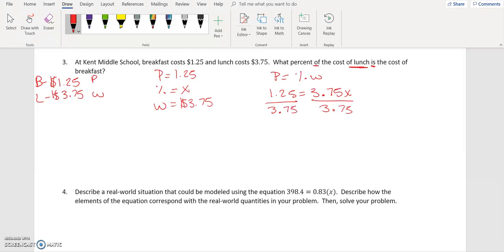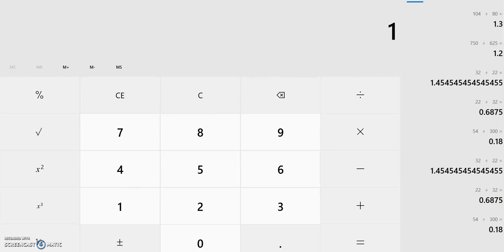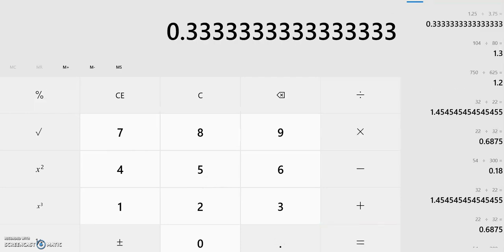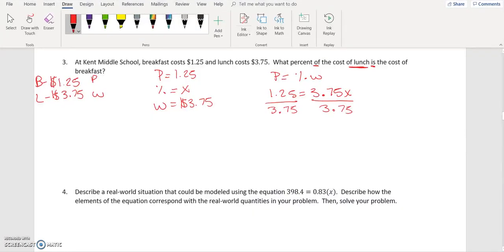So 125 divided by 375 equals 0.3, repeating on forever. It's money, so I'm going to put 2 3s, repeating on forever, is equal to x. I'm doing that because I know I have to move this decimal 2 places to the right, and I don't want to accidentally put 30%, forgetting about the repeating number.